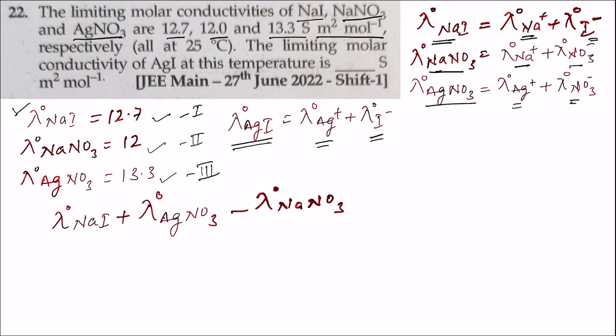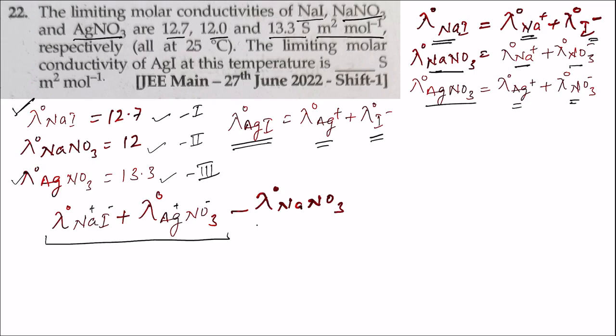If you add 1 and 3, you get the sum of the limiting molar conductivity of sodium ion, iodide ion, silver ion and nitrate ion. On adding 1 and 3, limiting molar conductivity of all these 4 ions will get added. But you need the limiting molar conductivity of silver iodide. You do not need the limiting molar conductivities of sodium and nitrate.